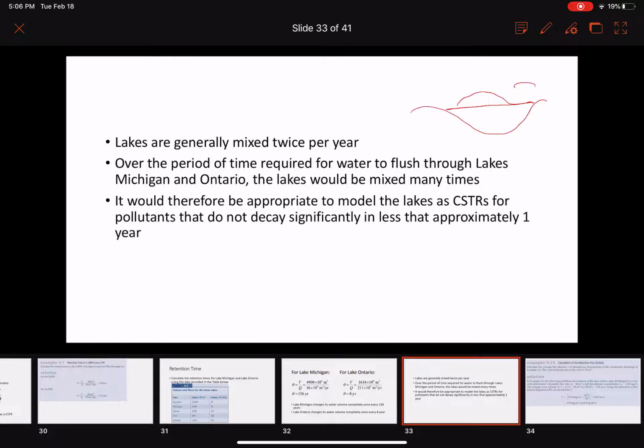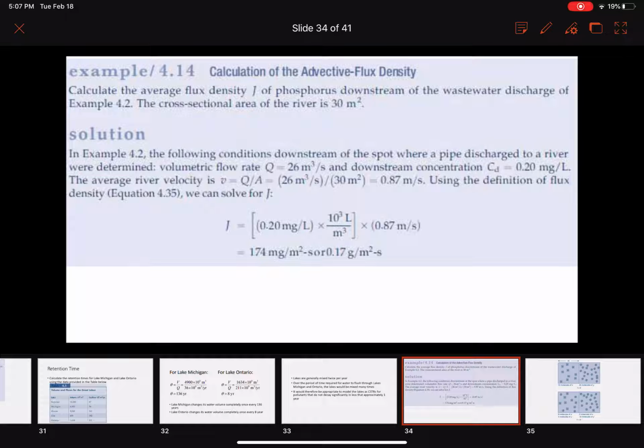Now, let's calculate the average flux density of phosphorus downstream of the wastewater discharge. The average flux density is another approach to determining the movement of the waste downstream of the wastewater discharge of example 4.2.